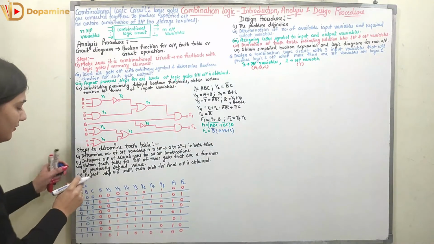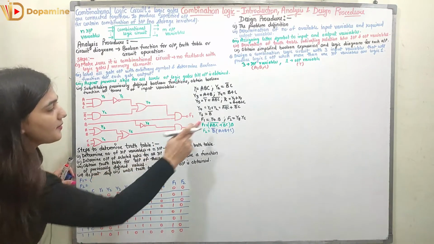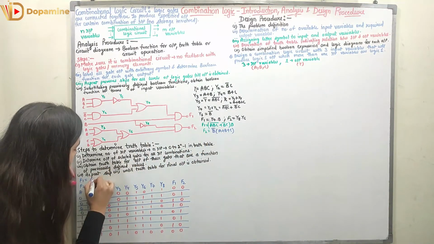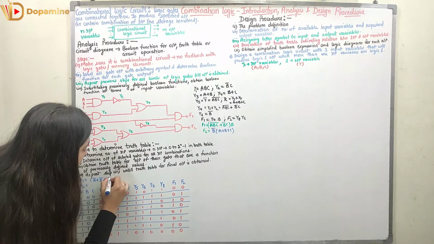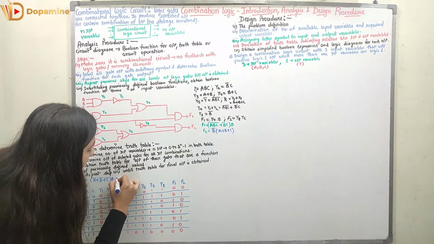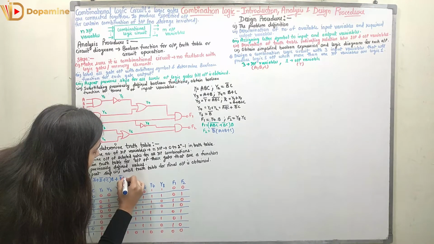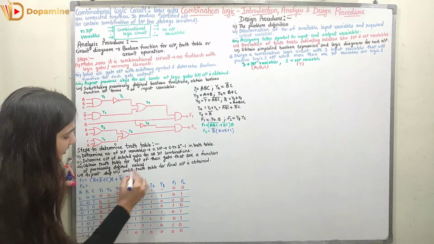Right, now writing F1 and F2. F1 is (A, B, C) whole complement. We can apply De Morgan's law. It can be represented as A bar plus B bar plus C bar, and now it is multiplied with B, plus B bar C multiplied with B. So when I have B into B bar, I will get 0.